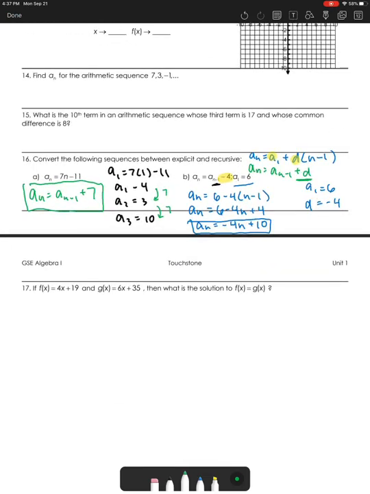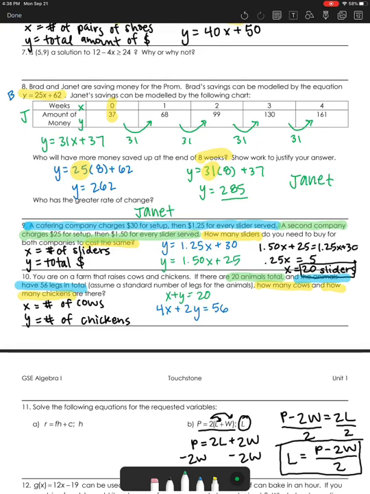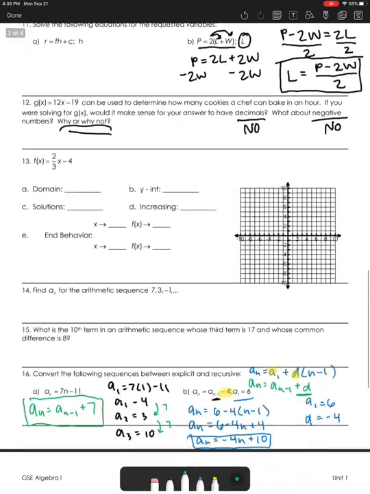Okay, and then the last one, again, I'm just going to explain this one. I'm not going to really write this down, but just talk this through with you guys. It says if f of x equals 4x plus 19 and g of x equals 6x plus 35, then what is the solution to f of x equals g of x? Well, this is really similar to the one we worked on earlier, the sliders problem, because we had to see when they cost the same amount.